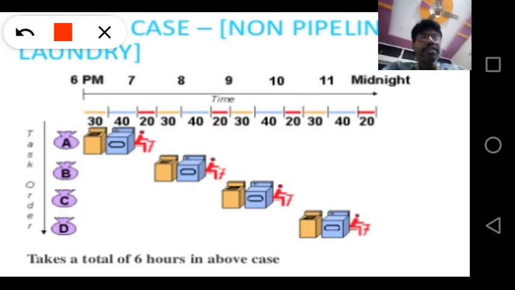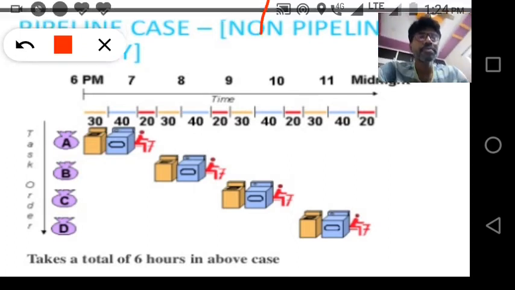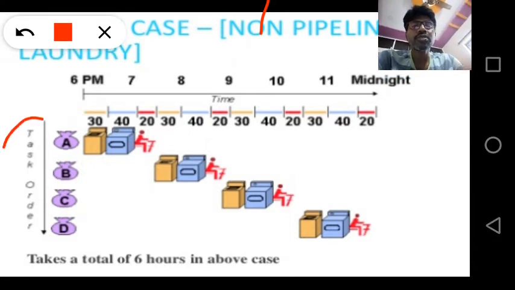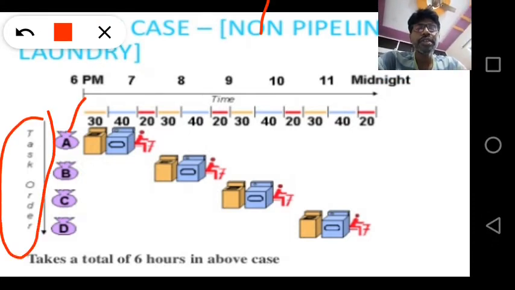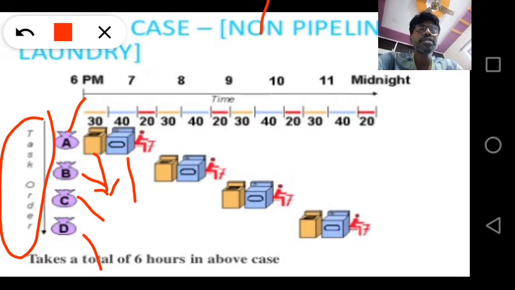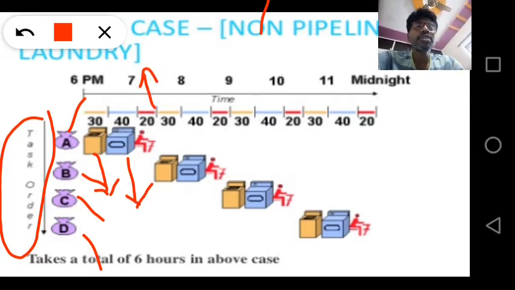So here, what is happening? I have a time frame. These are the 4 loads A, B, C, D. 30 minutes for washing, 40 minutes for drying, 20 minutes for folding.